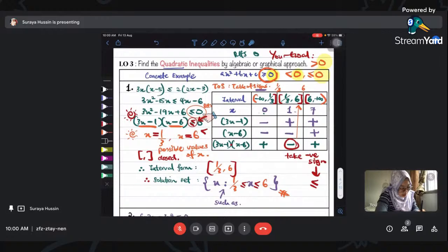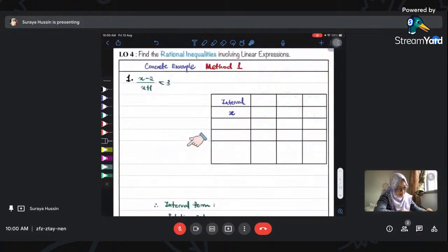Okay, so less than or equal, itulah penyebabnya kita ambil dia negative sign. Sebabkan less tu maksudnya kecil, very small means negative lah. Boleh ba, Miss? Alright, let's go to the next one.